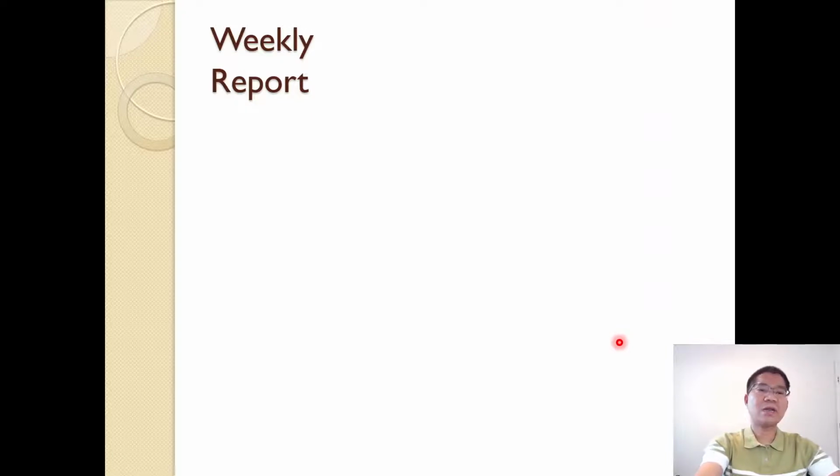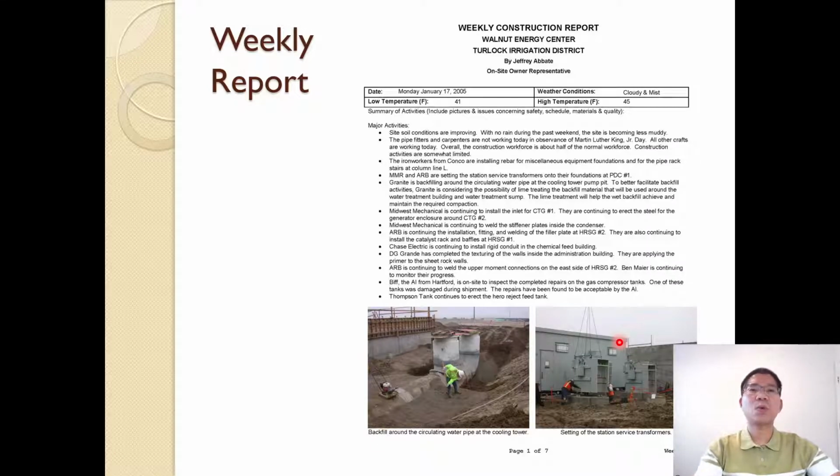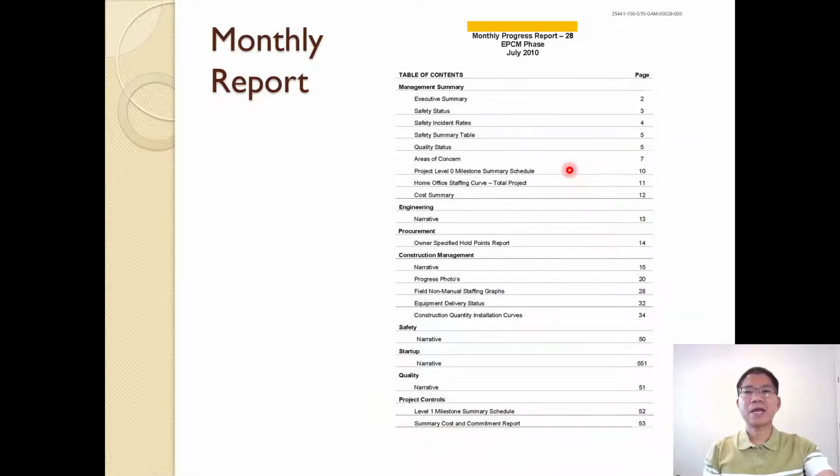And then we have weekly reports. One example here is the One Energy Center. It covers the major activities that happened and what the weather looked like, to summarize what happened during that week. And then we have the monthly report. I showed you in the earned value analysis that we have pages.